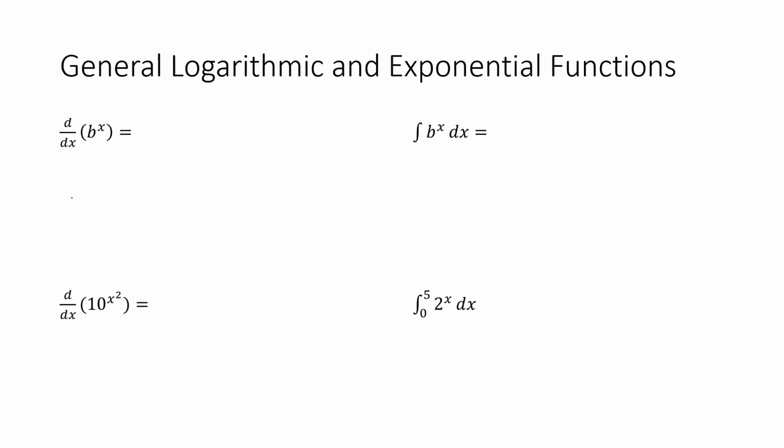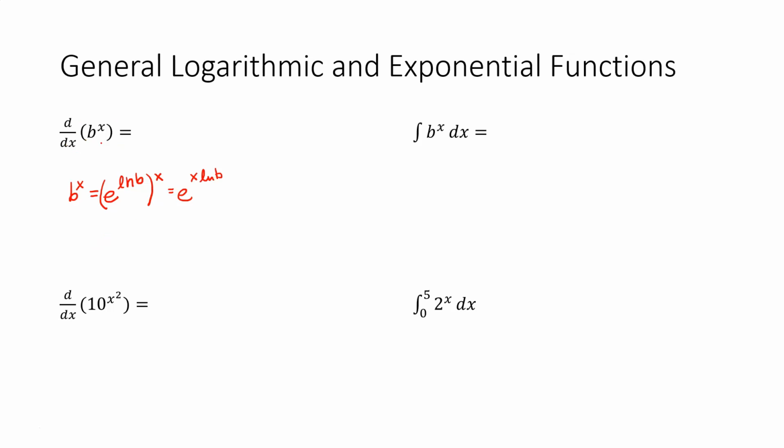So in other words, b to the power of x, I can rewrite this as e to the ln of b to the power x, right? Because b can be written as e to the ln of b. So this would be the same as e to the x times ln of b.